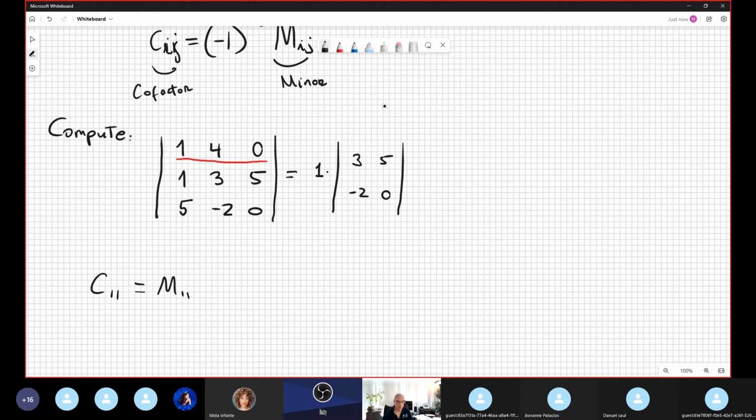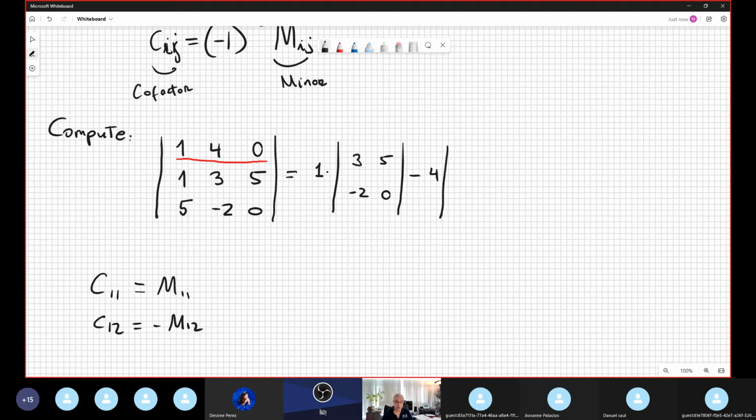Now I move to 4. And 4 is negative 4. Negative, because I know that cofactor 1, 2 is equal to minus minor 1, 2. Because it's negative 1 raised to the 1 plus 2, which is 3, so negative 1 raised to the third power is negative 1.